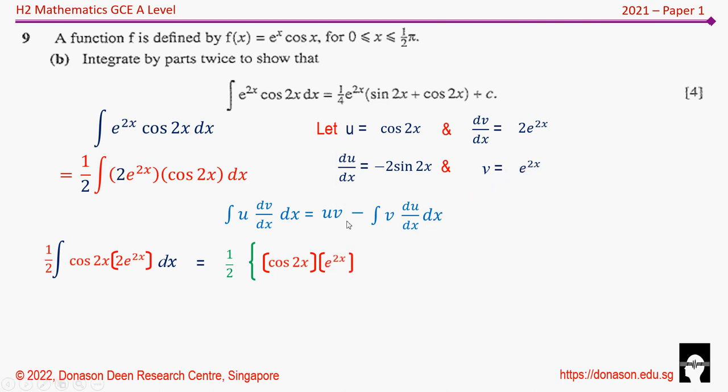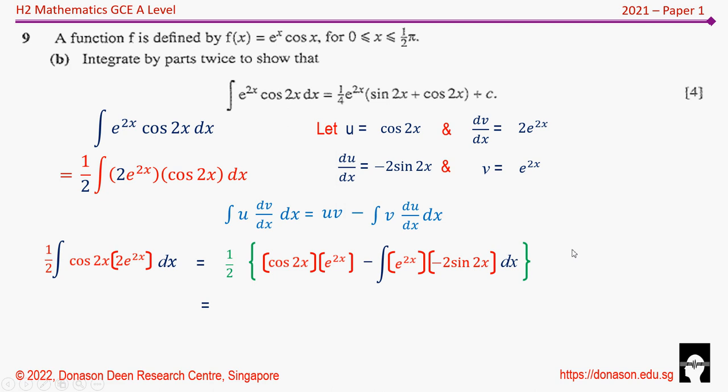So there we have u times v minus integral of v, which is e to the power of 2x, and our du dx, which is minus 2 sine 2x, dx. So there we have it.